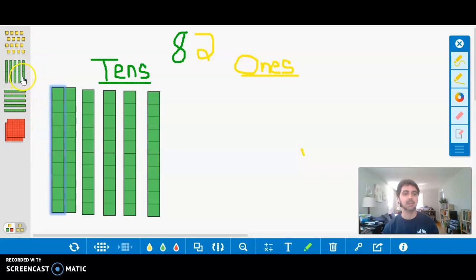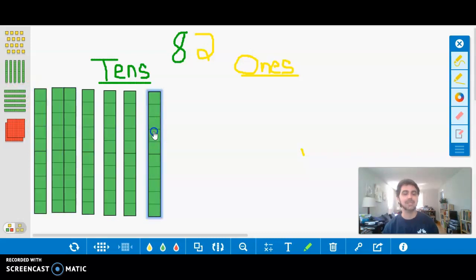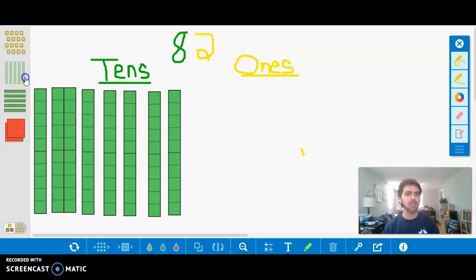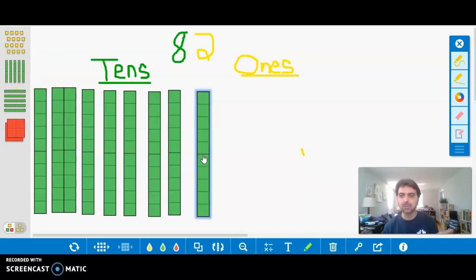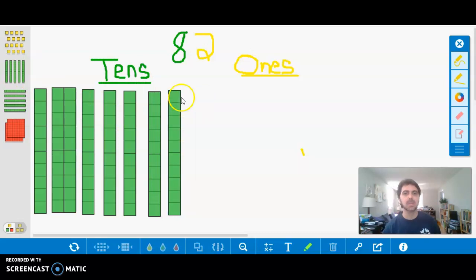That's 60. 7 10s, that's 70. 10, 20, 30, 40, 50, 60, 70, 80. We have 8 bags of 10 Skittles in each bag. Can we add one more? That's 90. That's too many. We can't do that, so we'll delete that one. So we have already done 8 bags.